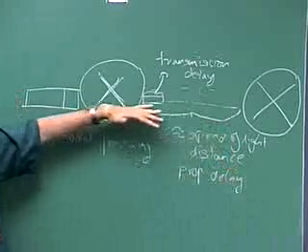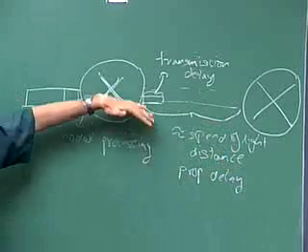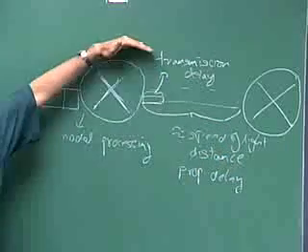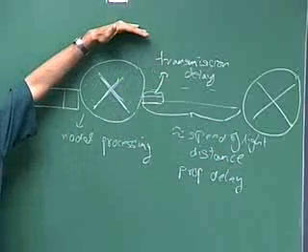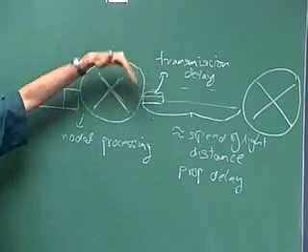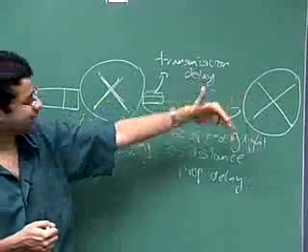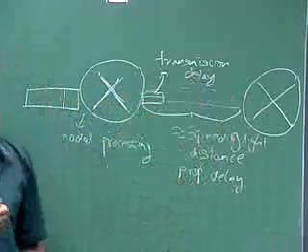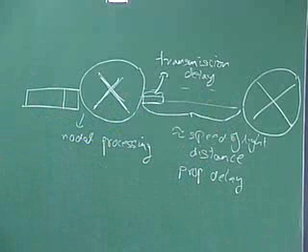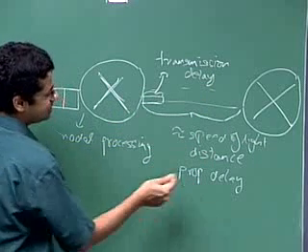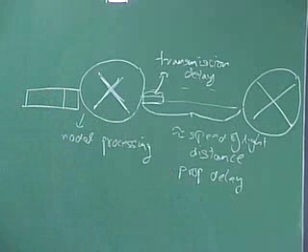So your link could be 10 megabits per second, 100 megabits per second, 1 gigabit per second. But if the distance is not changing, then your propagation delay is going to remain constant. So propagation delay is dependent upon speed of light and distance.